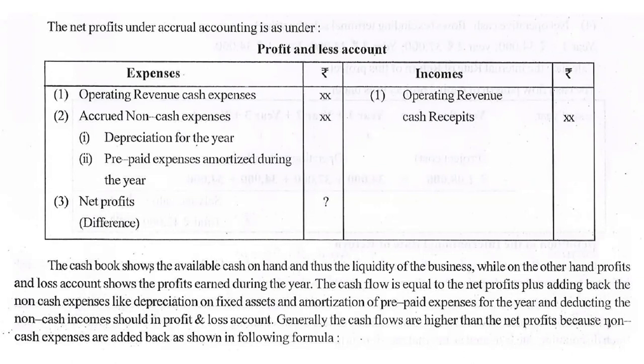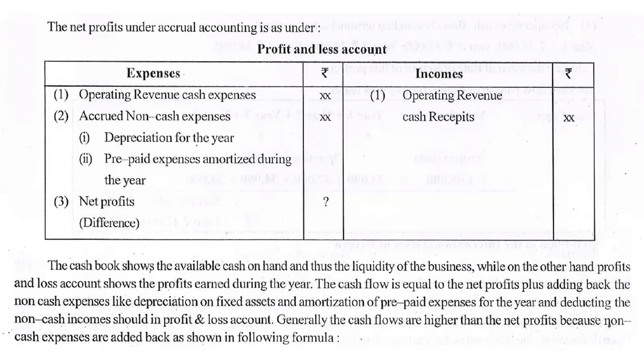On the other hand, the profit and loss account shows the profit earned during the year, and the cash flow is equal to the net profit plus the non-cash expenses like depreciation on fixed assets and amortization of prepaid expenses for the year, deducting the non-cash income shown in the profit and loss account.